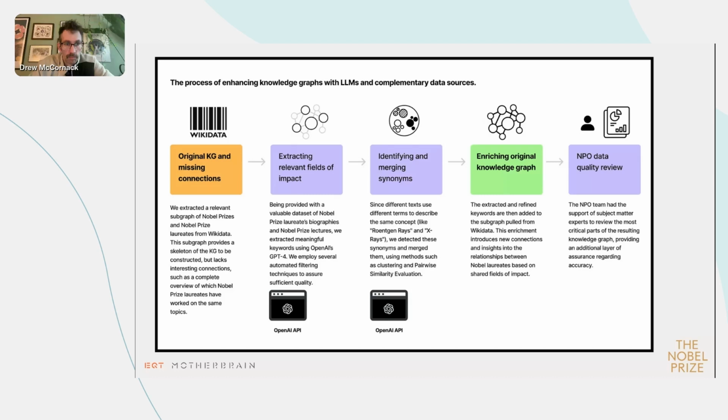Identifying and merging those fields. So if we found, and I'll get into this a little bit later, but reducing the number of fields that we had that were maybe overlapping or duplicates or redundant. Enriching the original knowledge graph that we had with those, and then doing some internal investigation or internal evaluation within the Nobel Prize Outreach organization to make sure that these things were high quality.